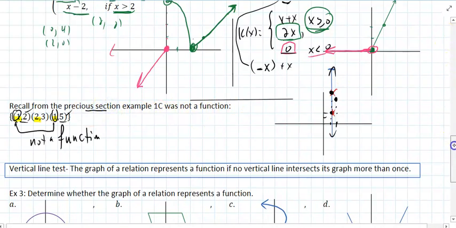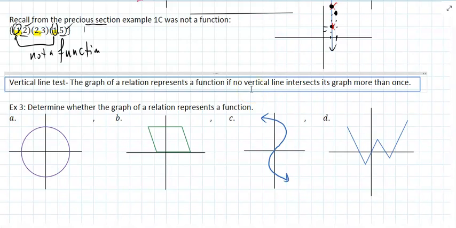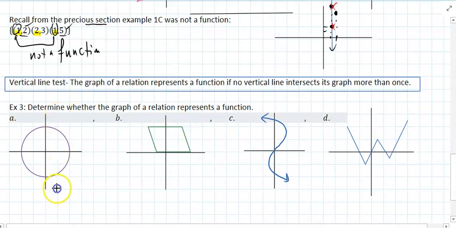So if I look at this definition, the vertical line test, it says the graph of a relation represents a function if no vertical line intersects its graph more than once, or if every vertical line intersects its graph at most once. Given a graph, I'm asking you if this is a function or not. You draw a vertical line. If it crosses more than once, automatically not a function.